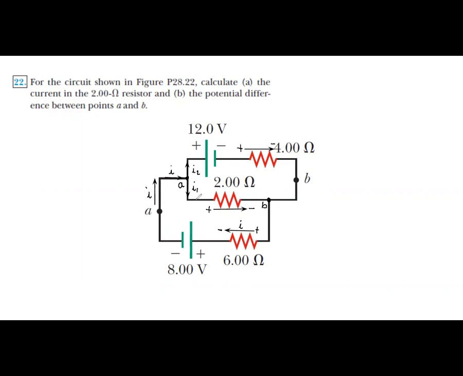The second point, we have to label each node between each two elements. For example, here we have A, here we can put B, here we have B, here we have C. We come here, we have B, and here we have A. This one also is A, because we have nothing between these two points.